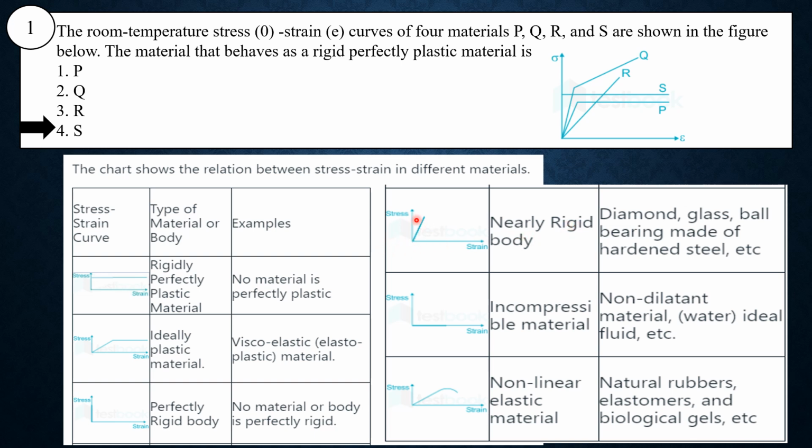For an incompressible material, the stress is zero and strain is increasing. Then the stress-strain curve for a non-linear elastic material is straight initially, meaning stress and strain are proportional to each other, and then forms a curve. These are the examples for these different types of material or body.